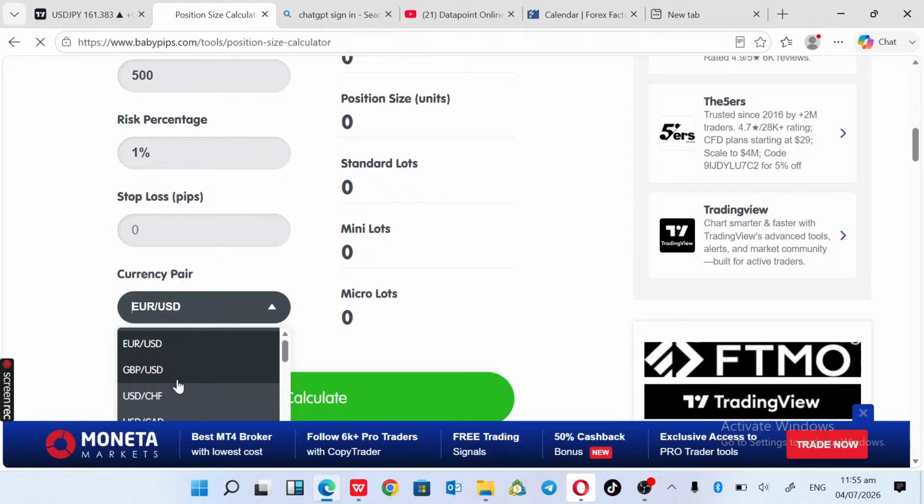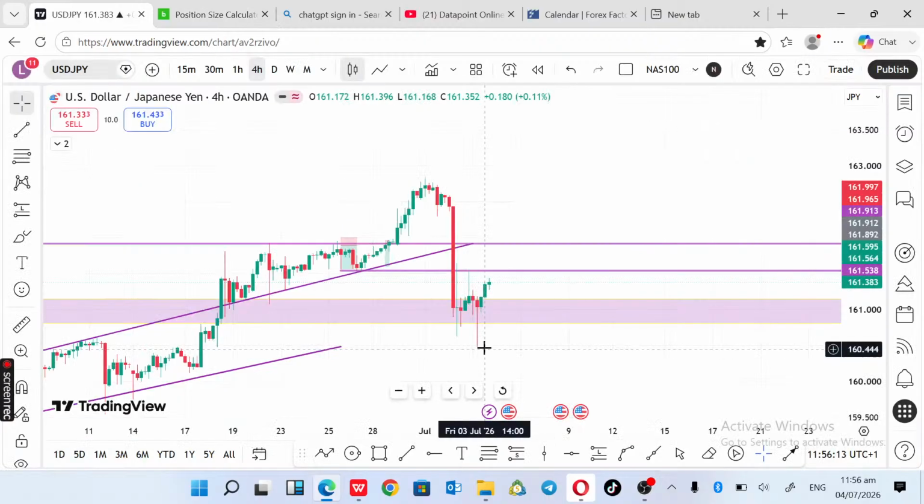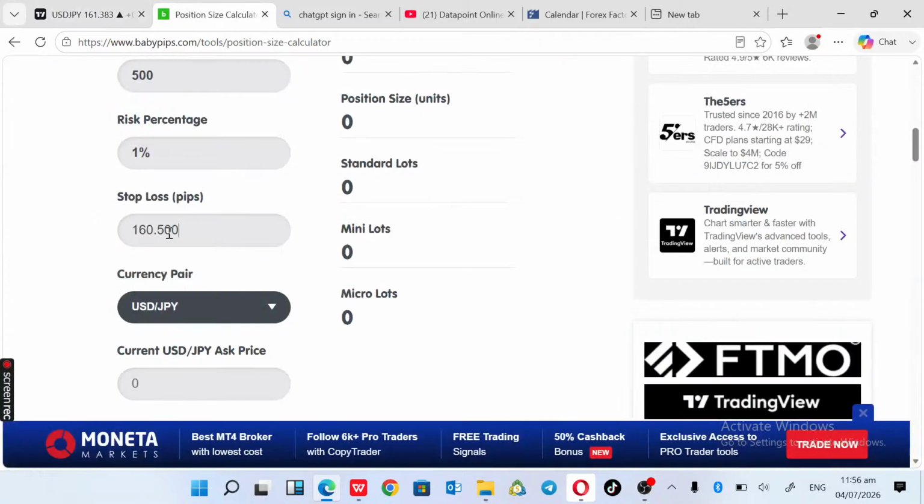USD/JPY. Now for this stop loss, you will come here and check what stop loss we are using. We are using 160. Look at your right hand side here. Do you see that? I'm using 160. Let's use 160.500, right? Then you will go back to your position side and put 160.500.